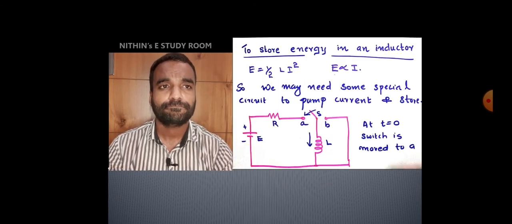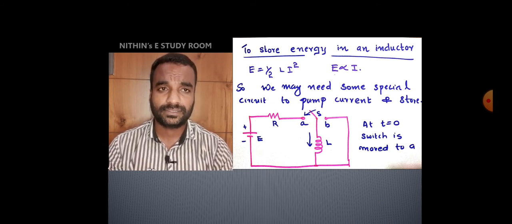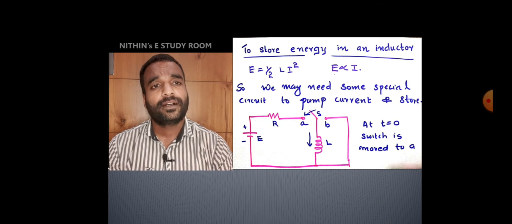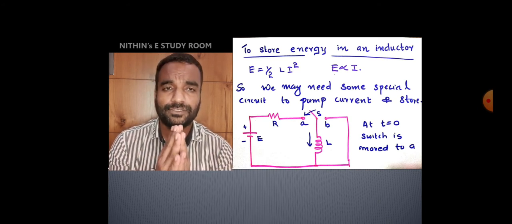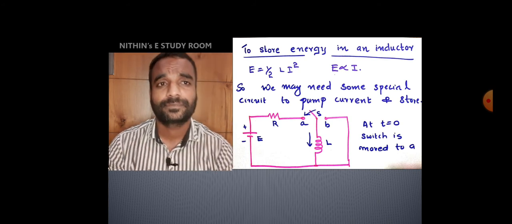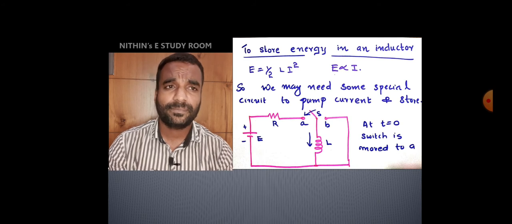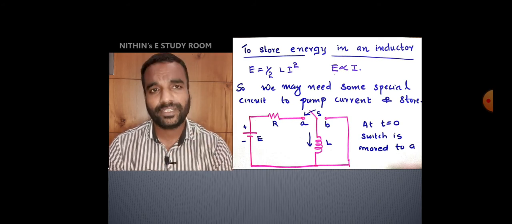And this is one more small thing related to this section. If you want to store energy in an inductor, the equation of energy is E is equal to half L i square. So we may need some special circuit to pump current because the I value is very important.